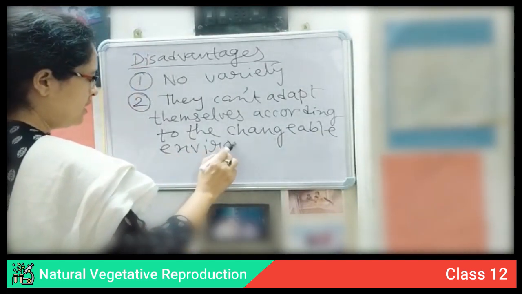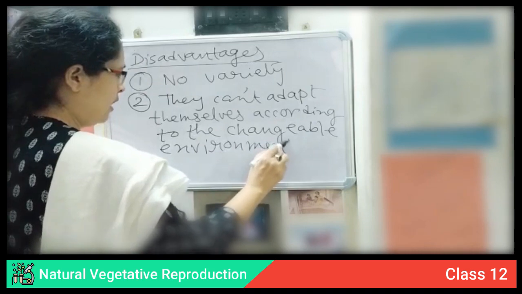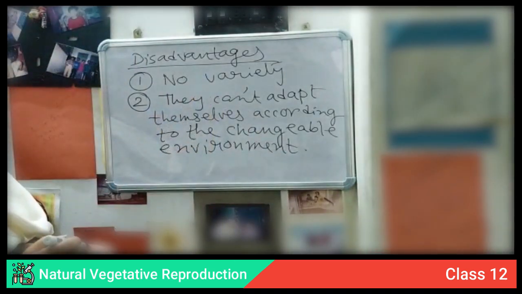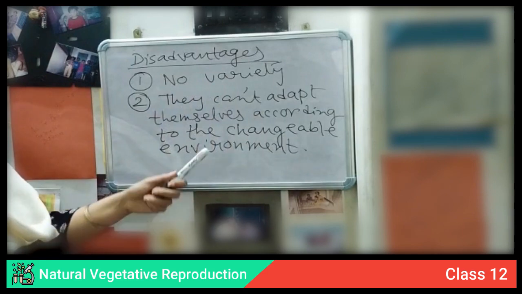Okay, so these are the two main disadvantages: no variety occurs and they can't adapt themselves according to the changeable environment.